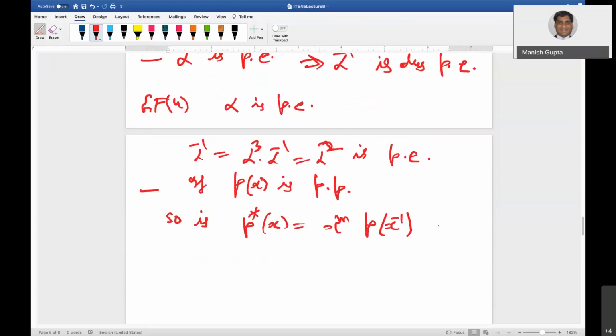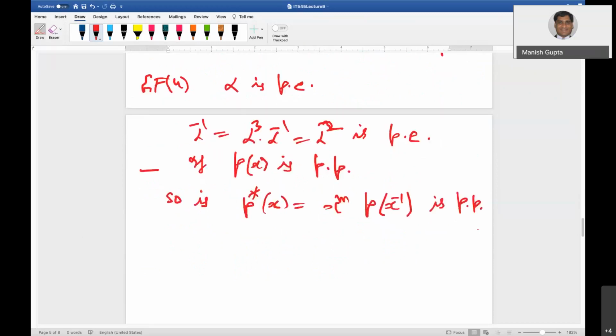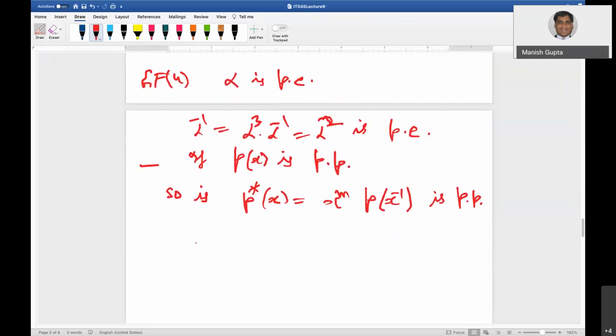So this is a primitive polynomial. We know that x square plus x plus 1 is a primitive polynomial in GF4 actually, right? So we can compute what is this value. Okay. What is this?